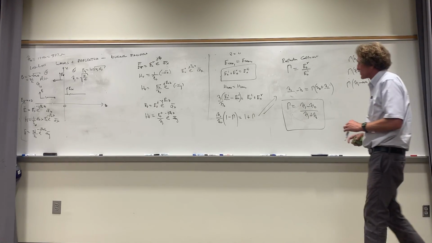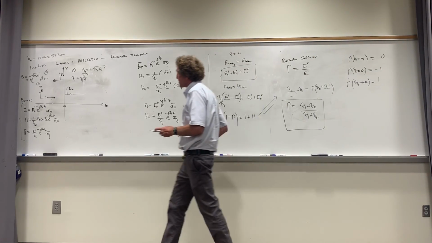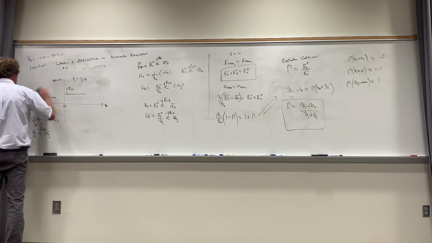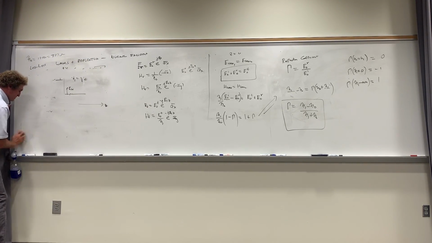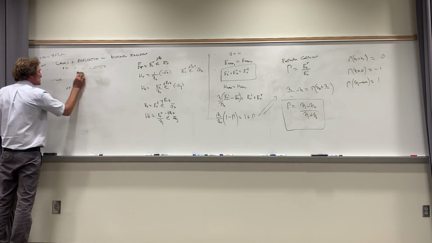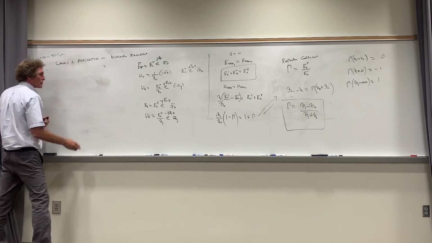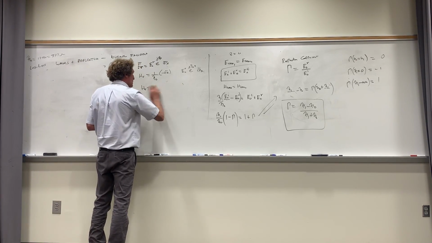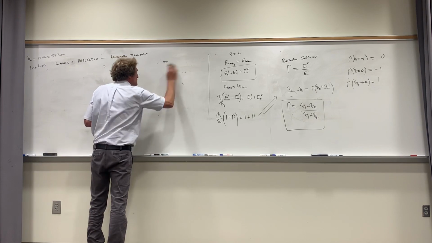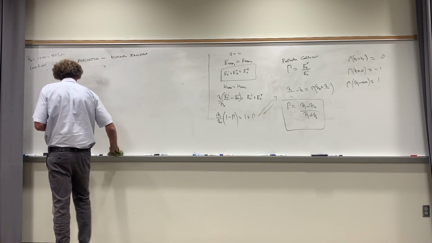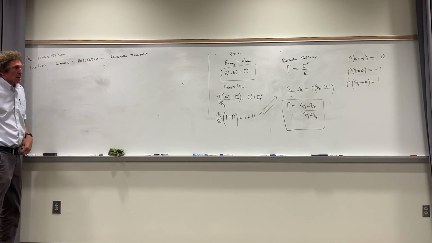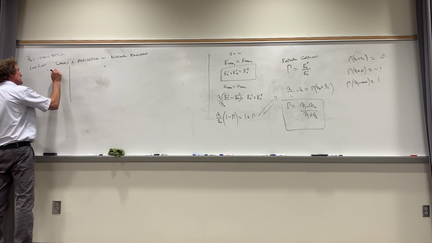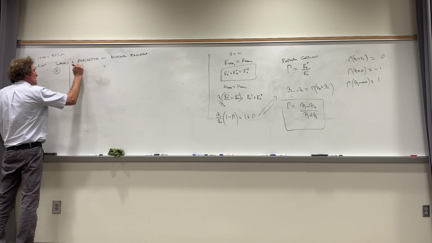I'm going to make one comment too about this with power flow. So if we have power flow, let me redraw that region. So this is region 0, and this is region 1, right?